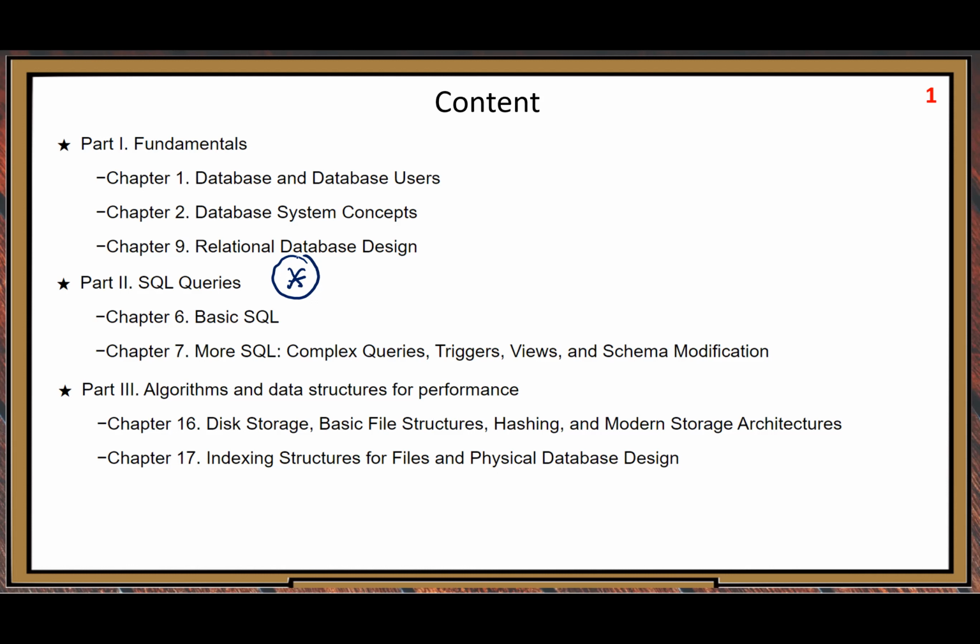Part 3, algorithms. We need to understand what goes on behind the scenes in database management systems, why we can do the queries in a very fast way. When you work on databases, you can notice that the response time is, most of the time, very fast.